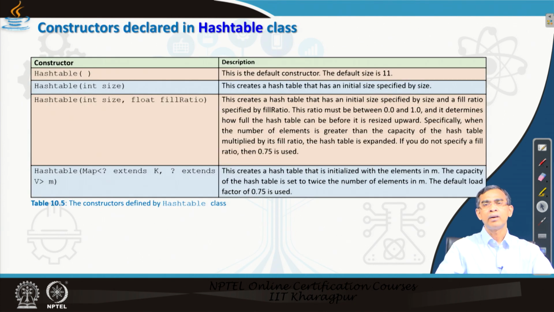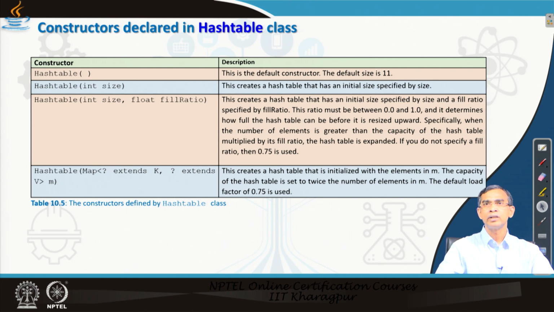Now, if you want to create a Hashtable according to the Java legacy class, there are a few constructors that you can follow. The default constructor without specifying any arguments basically creates a collection of the Java legacy class of default size 11.